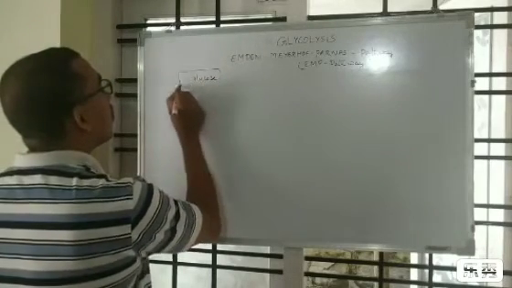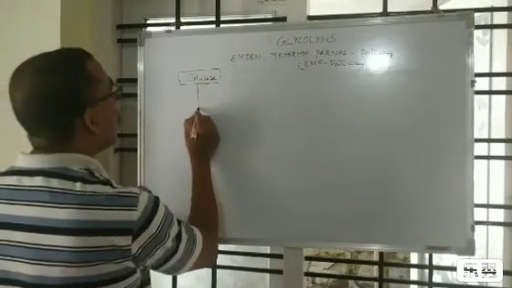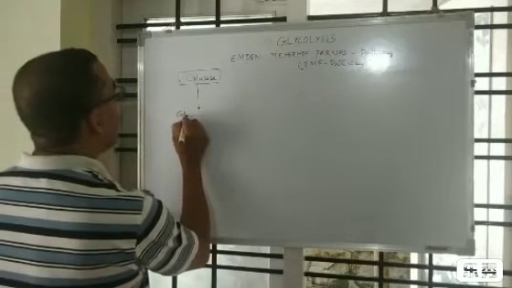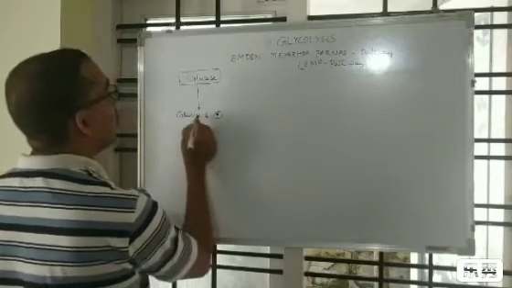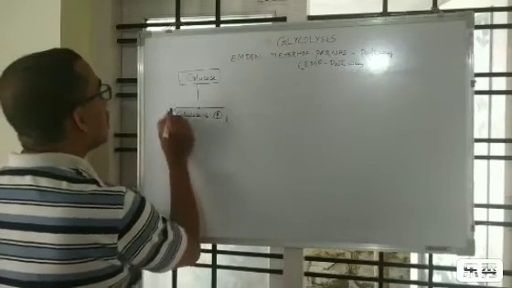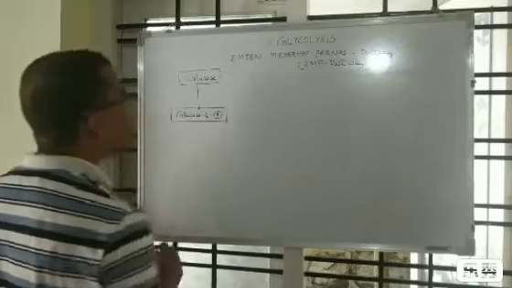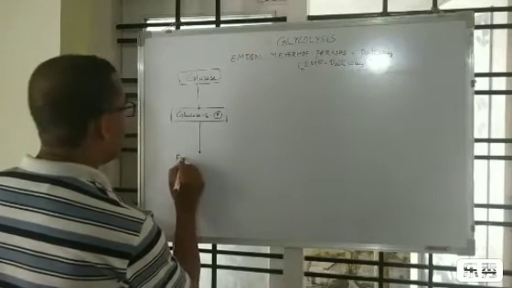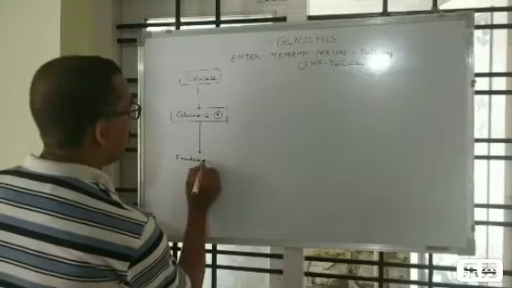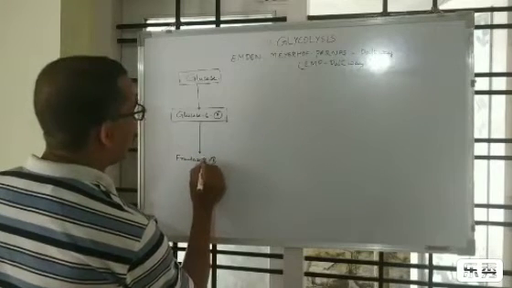So glucose converts into glucose 6-phosphate. I'm writing only P for phosphate. Glucose 6-phosphate converts into fructose 6-phosphate.